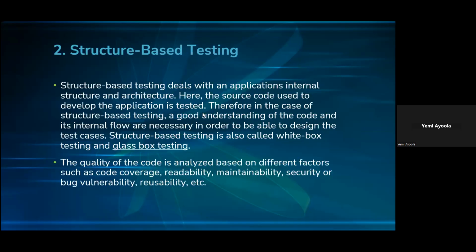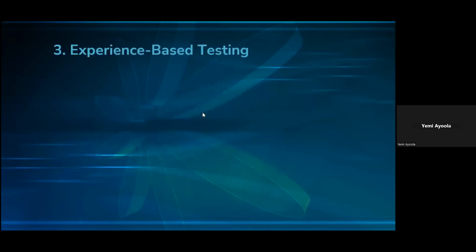The quality of the code is analyzed based on different factors such as code coverage, readability, maintainability, security or bug vulnerability, reusability, etc. Those are the things that we're trying to get when it comes to structure-based testing. There are levels when it comes to structure-based. And that takes us to the third one, experience-based testing.